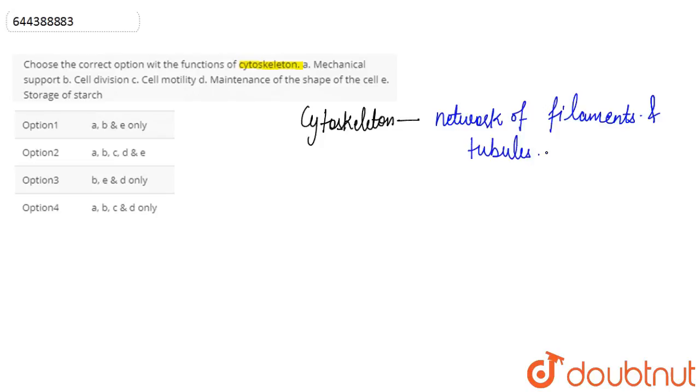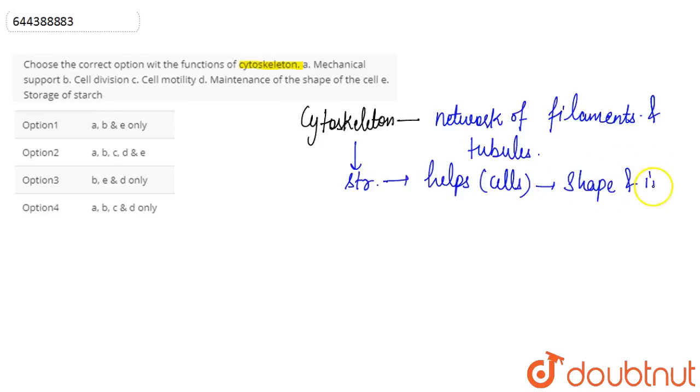So in simple words, the cytoskeleton is a structure that helps the cell maintain its shape and internal organization, and hence it provides mechanical support.